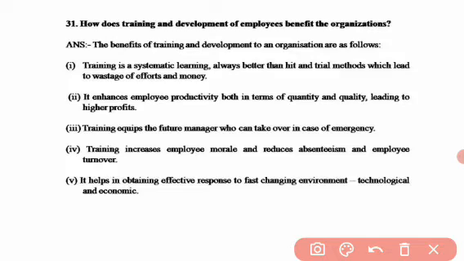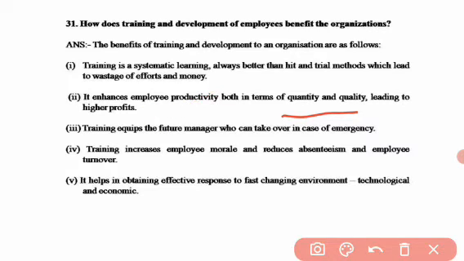So it is helpful to the organization to reduce the efforts and the money.